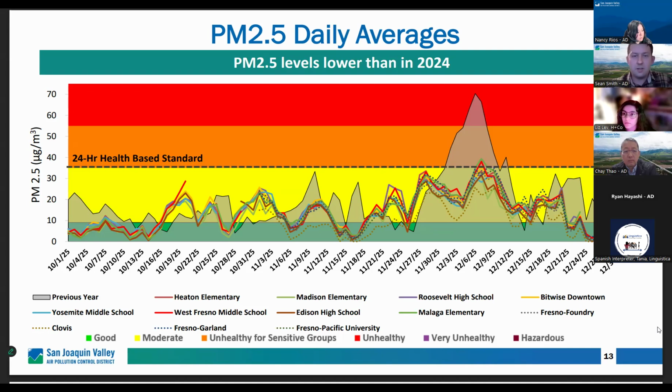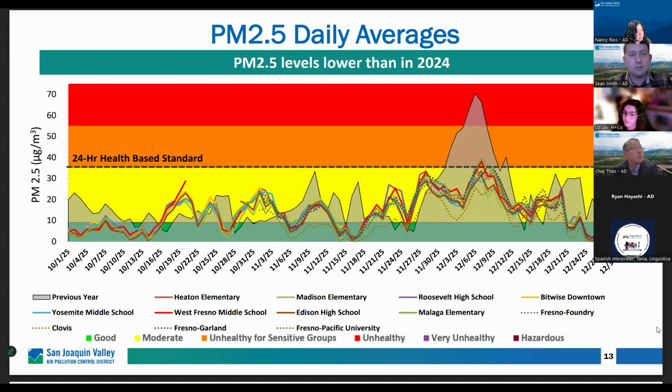So each of the different colored lines is one of the respective sites, also compared to the regulatory sites. And you'll notice in the background there's a gray shaded area. That's the previous year's maximum, the site that basically had the worst air quality for the community. And we're comparing that to the data of 2025. So put more simply, we're comparing our current year's averages to last year's maximum, which is the gray shaded area behind it.